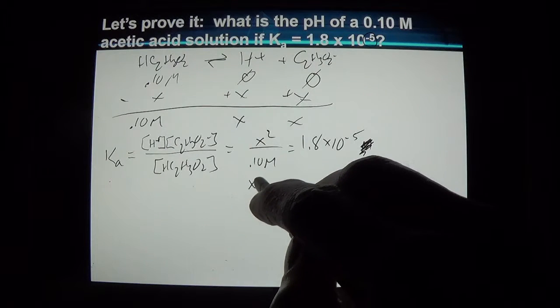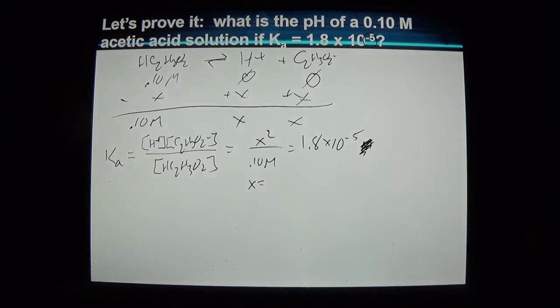So x is going to be equal to, and we have some fun in our calculator, 1.8 times 10 to the minus 5 times 0.1 is 1.8 times 10 to the minus 6. I'm going to square root that. And already I'm expecting something times 10 to the minus 3, because that's the way square roots go. It's just figuring out what the square root of 1.8 is in the calculator.